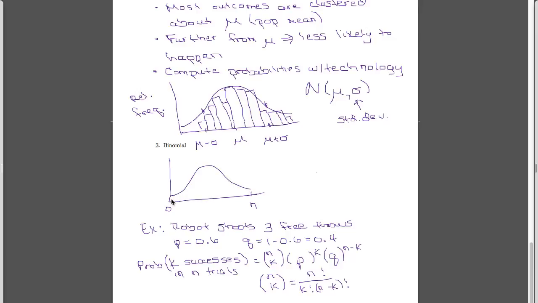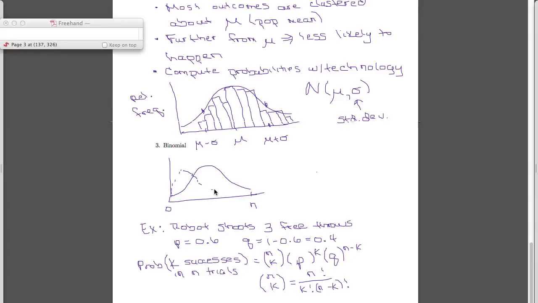It could be that the peak is on the left, and then there's a long tail on the right. So when there's a tail on the right, we call that right skewed. And it could also be the case that we have the peak on the right with a tail on the left, in which case we call that a left skewed distribution.